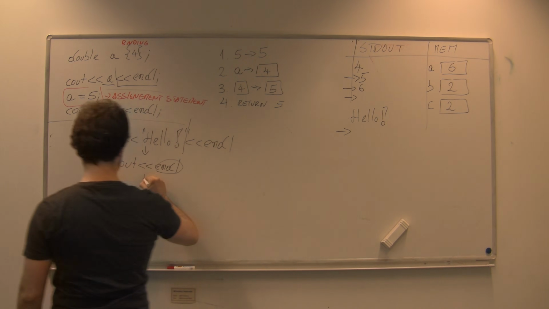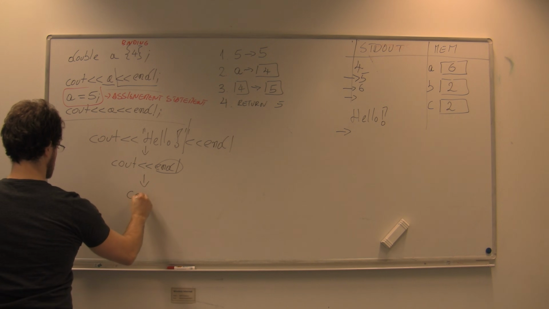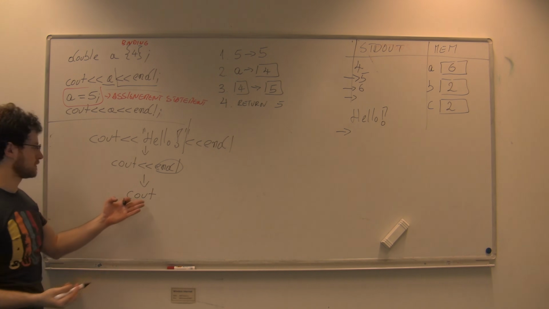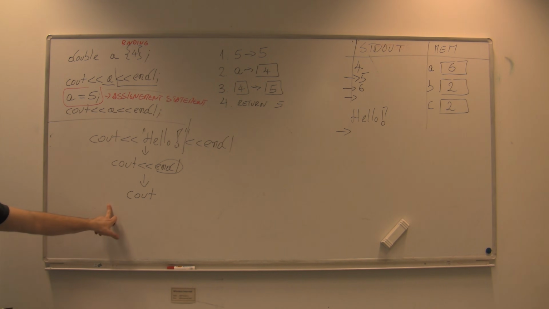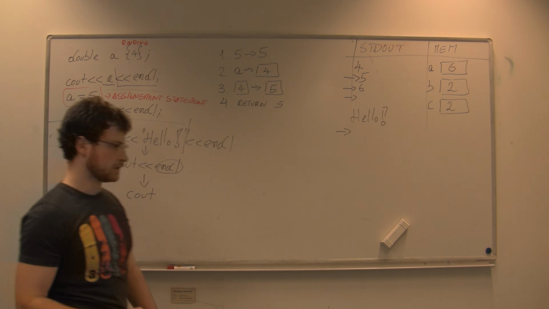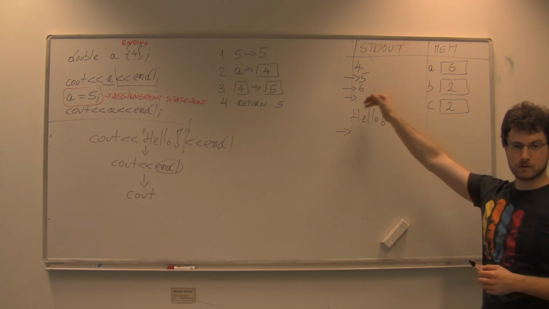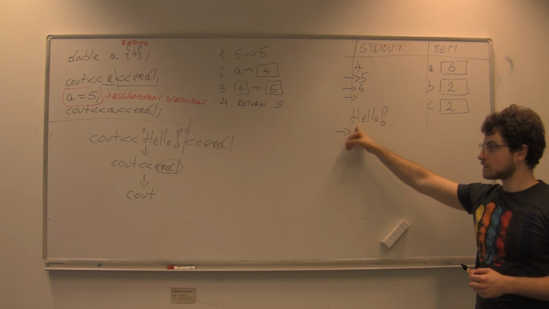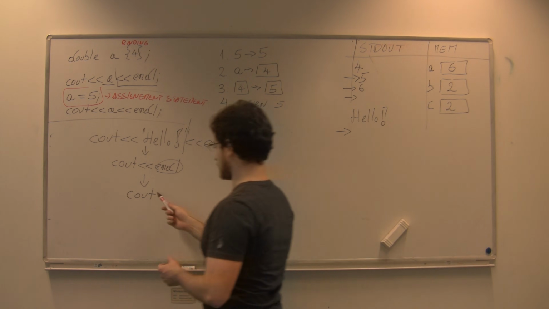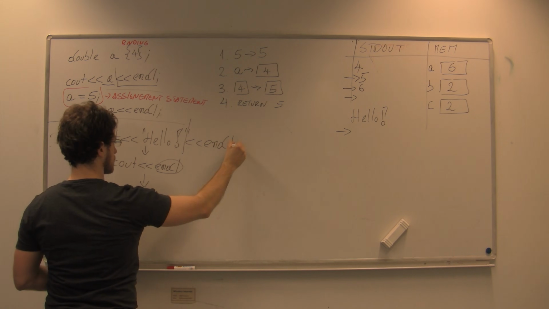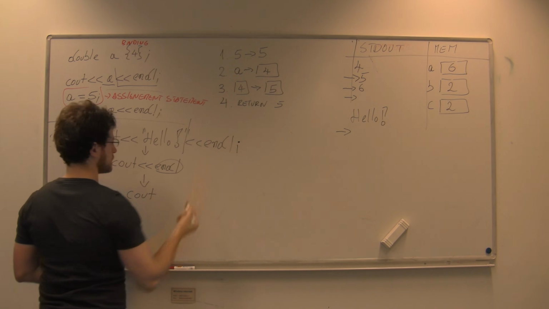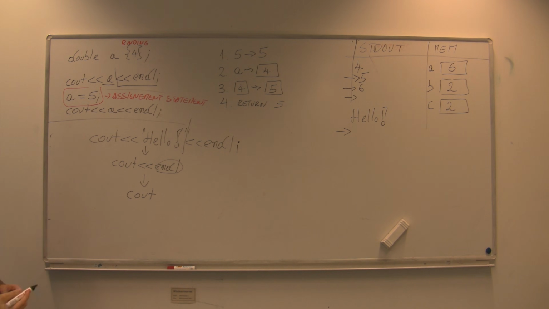Finally, this simplifies into the very object cout. But normally, we're only interested in this effect that happens during evaluation. So we discard this value by putting a semicolon at the end of the expression.